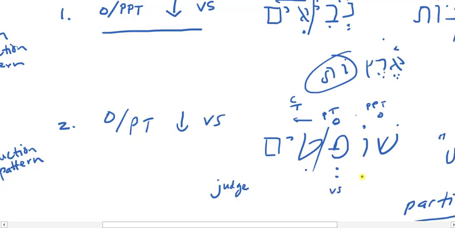okay? Shofatim. And once that happens, the whole syllable structure would have to be relabeled if I were dividing, right? Because can I divide to the left of a vocal shewa once the vocal shewa is in place? No, I always divide to the right of my vocal shewas, right?